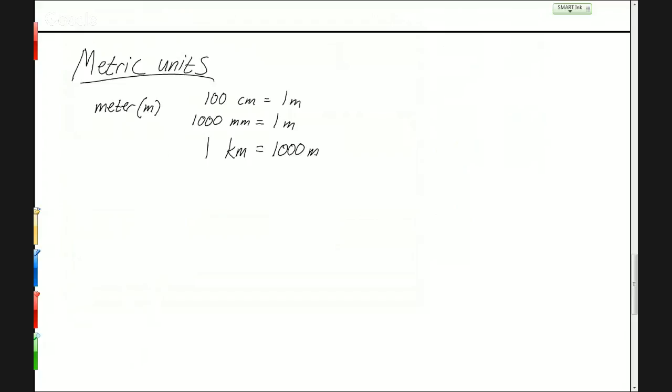So we could say the same thing. We could say that 1 kilogram is 1,000 grams. We could say that there are 1,000 milligrams in 1 gram. We could say there are 100 centigrams in 1 gram.